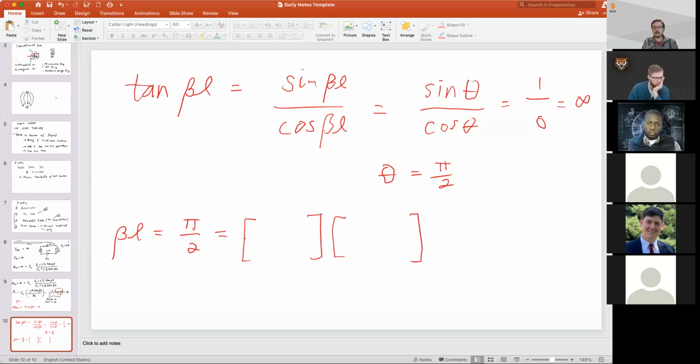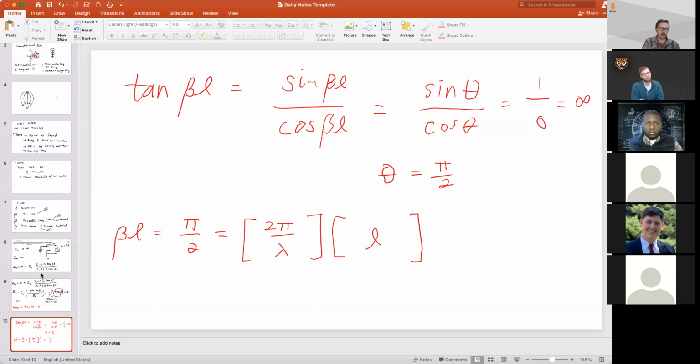What were we writing beta as previously? 2 pi over lambda. Yes.